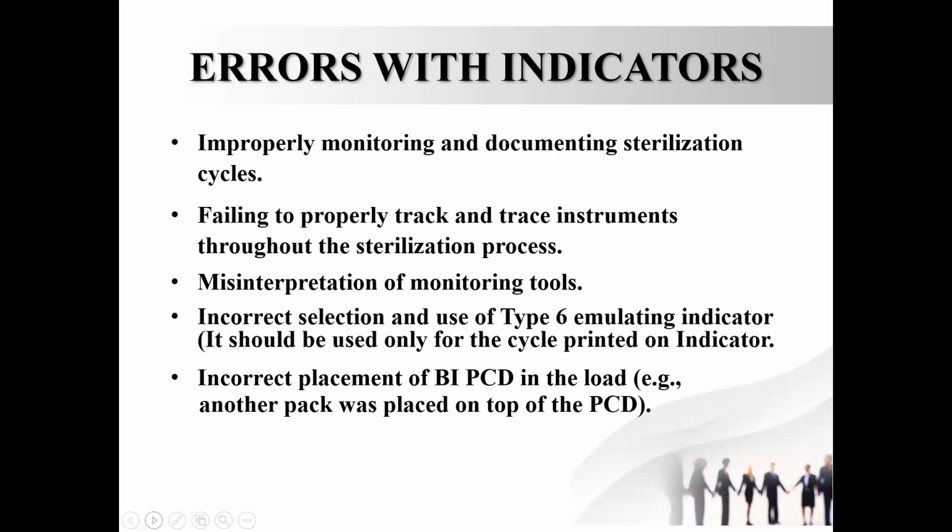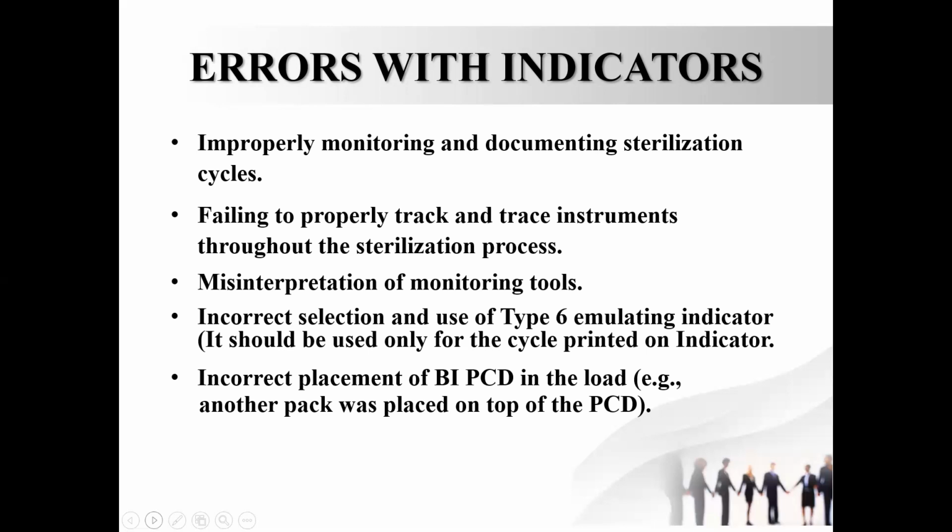Then misinterpretation of the monitoring tool. We don't understand whether our indicator has changed color or not. So we misinterpret the answer. Okay. Incorrect selection and use of type 6 emulating indicator. It should be used only for the cycle which is printed on the indicator.